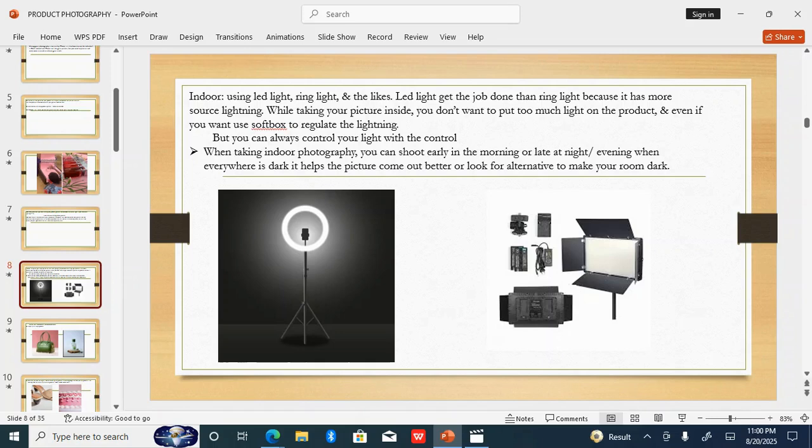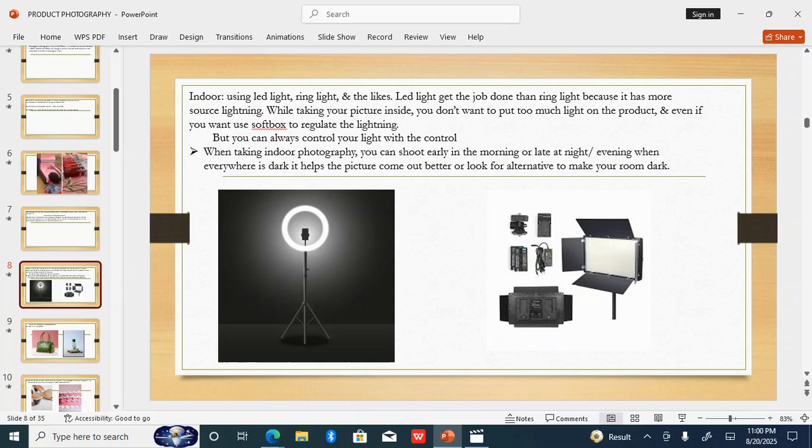Also, when you are taking your product pictures inside, you want to ensure that the light on the product is not too much. That's why most LED lights and other lights have this control, so you can put it on a warm light, something that is not too bright, so that it will not affect the result of your product pictures.